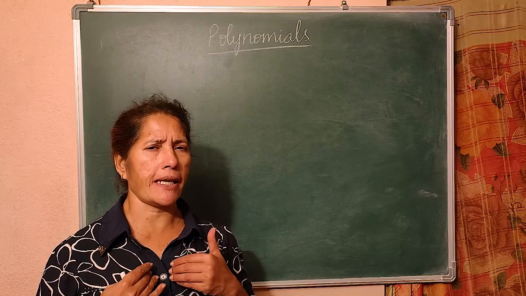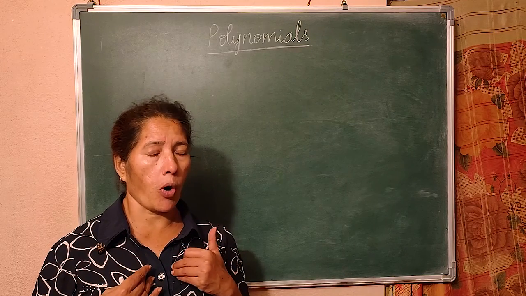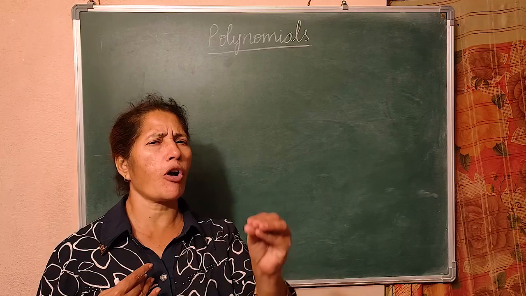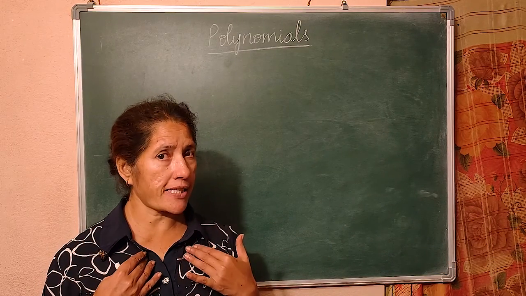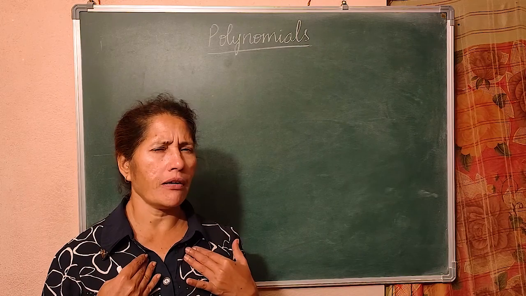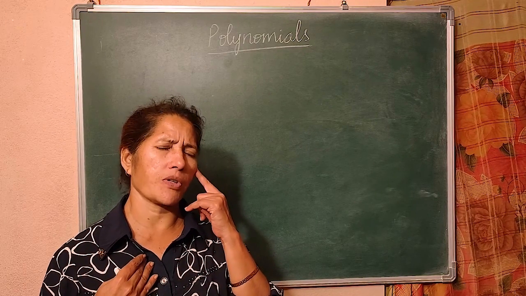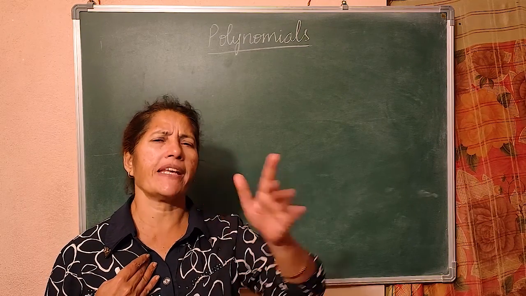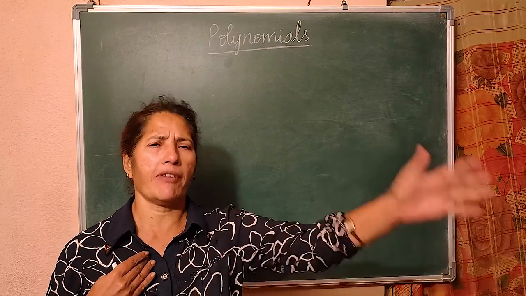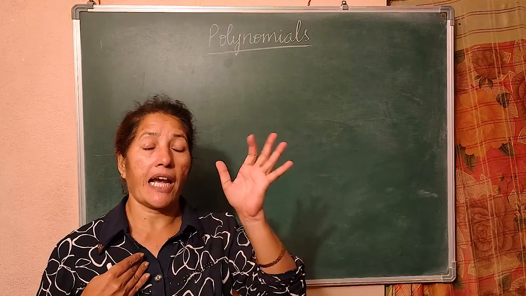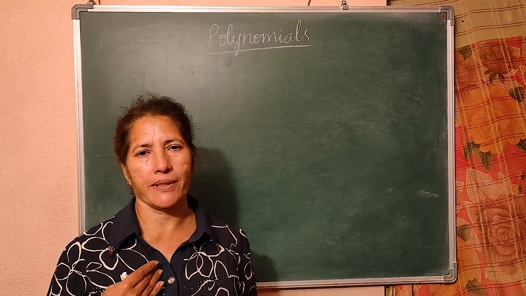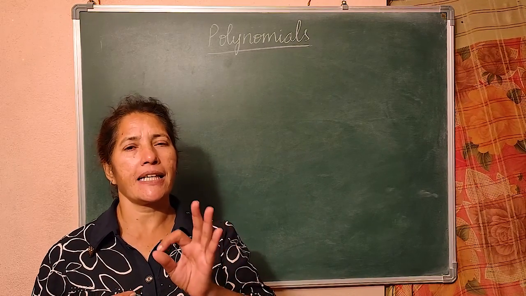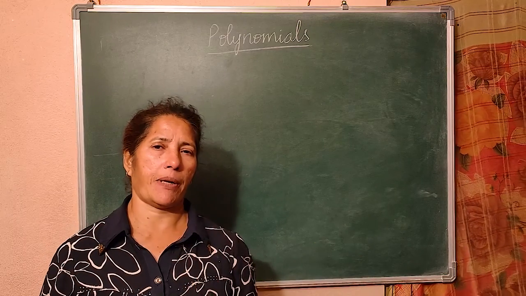Suppose I say I bought a certain number of mangoes. Did I tell you what is the number of mangoes I bought? No. Then what do I think? Oh, she must have bought X or let it be Y or let it be Z. I can use any alphabet of English. Right? That is what we discuss in algebra.